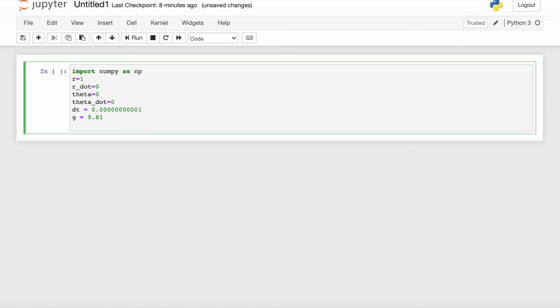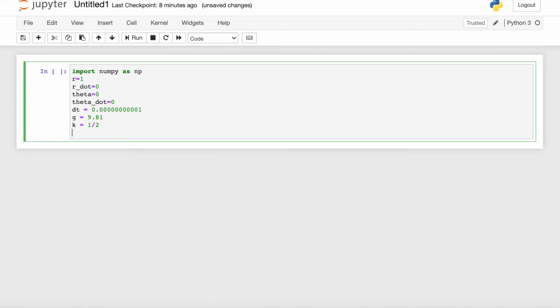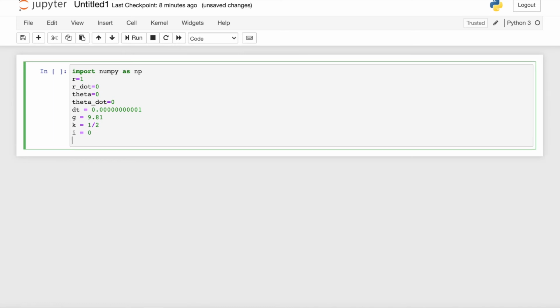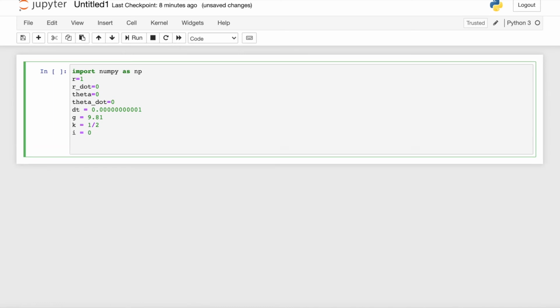And in our equations of motion we had a parameter k. It's dimensionless. It was defined as m over M, like that. Let's just say I want to set it at 1 over 2. Alright, and now we also have to define a counter, because we're going to use a for loop or a while loop. So what is this condition?